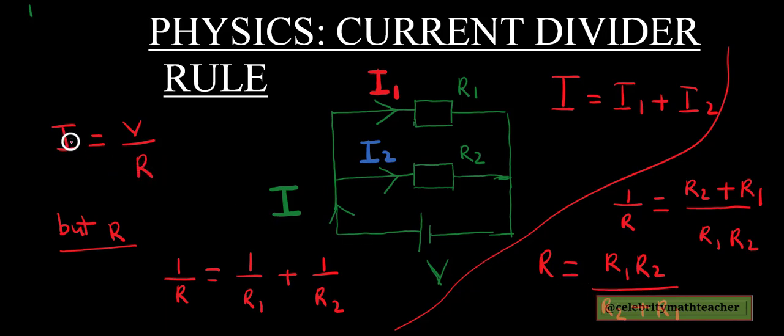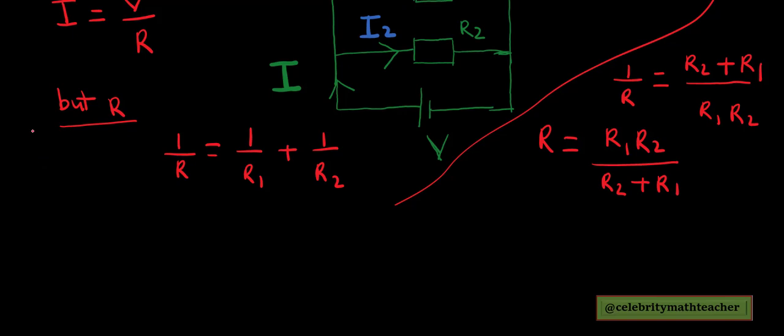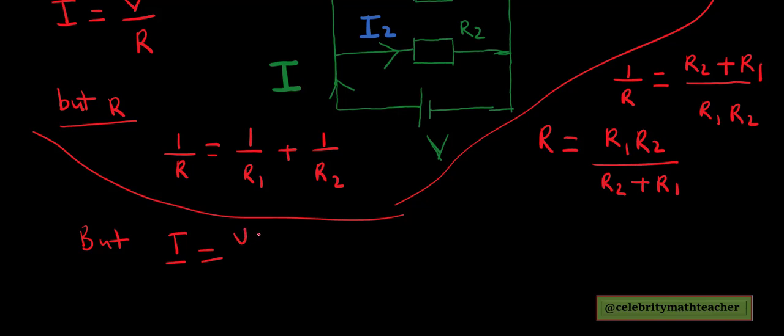That will give us the current. So if we do that, we're now going to say that current is voltage divided by resistance. So that will be V divided by this R, which is R1 R2 over R2 plus R1.